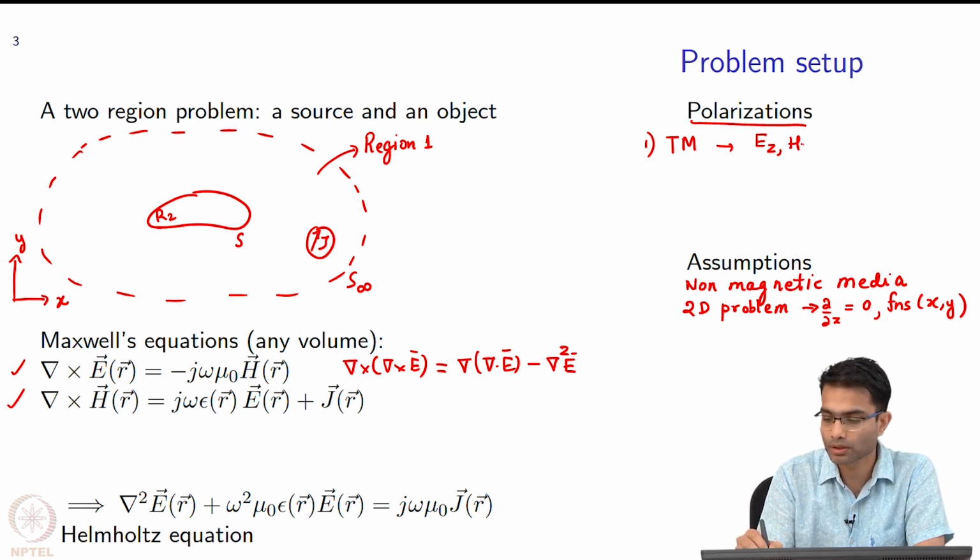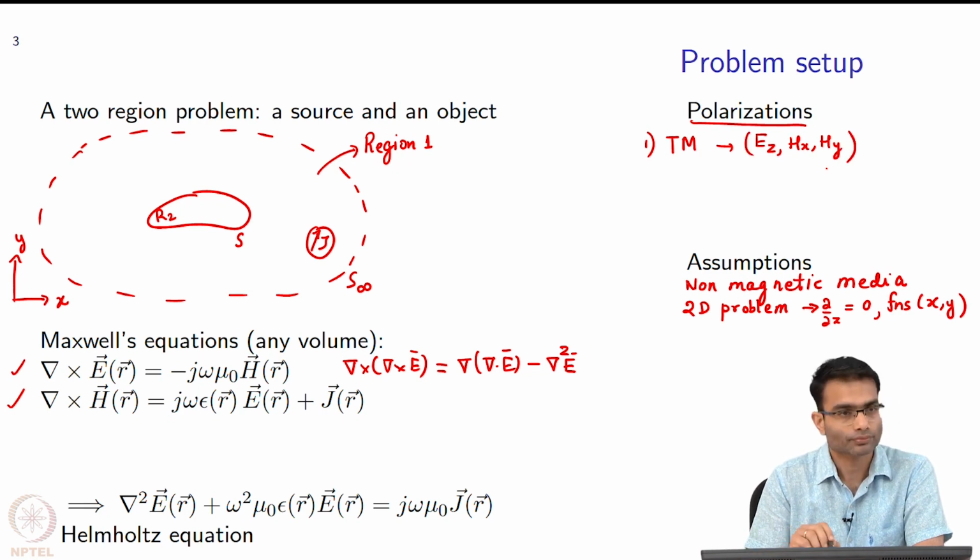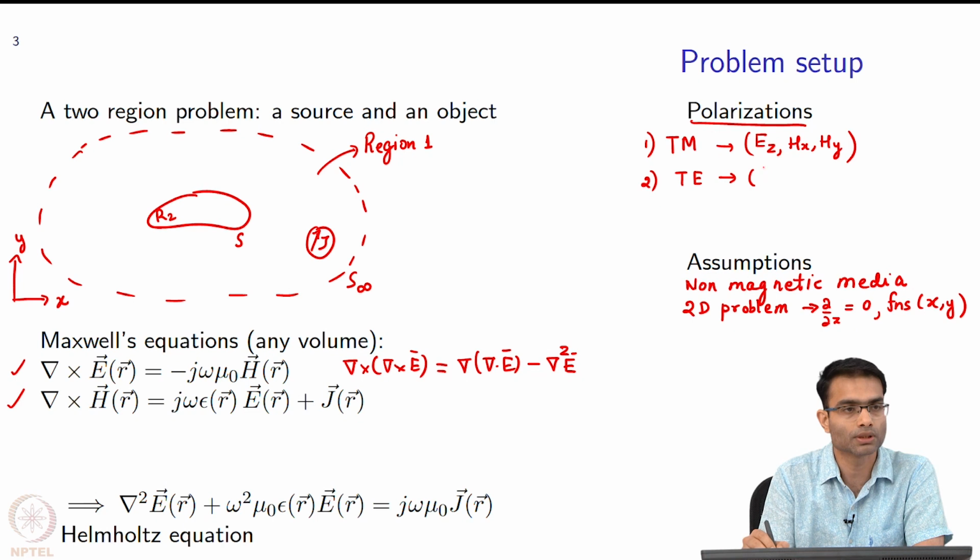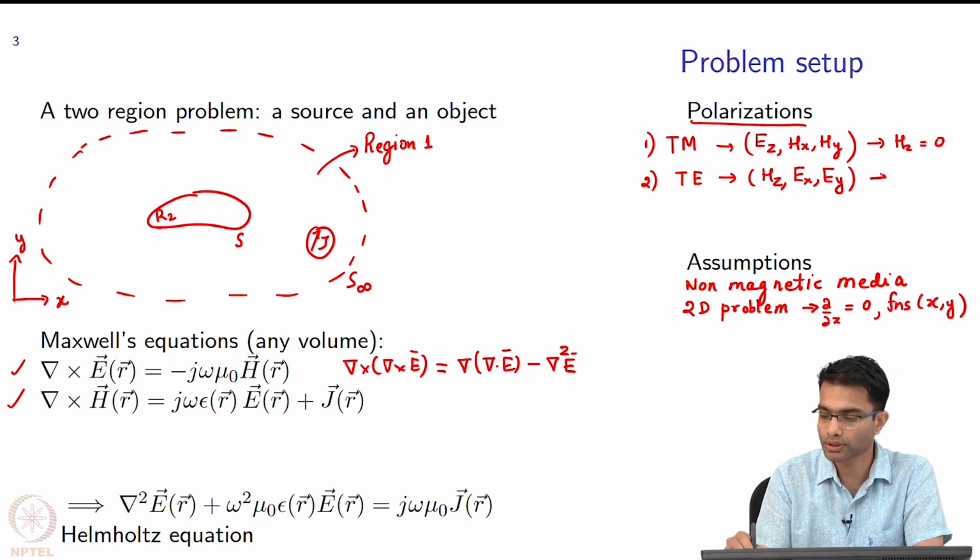Hx, Hy. These are the unknowns in the case of TM polarization. Analogously, for TE polarization, the other set of unknowns are there. So what would be the unknowns? Hz, Ex, Ey. Here we are saying Hz is equal to 0, and here we are saying Ez is equal to 0.